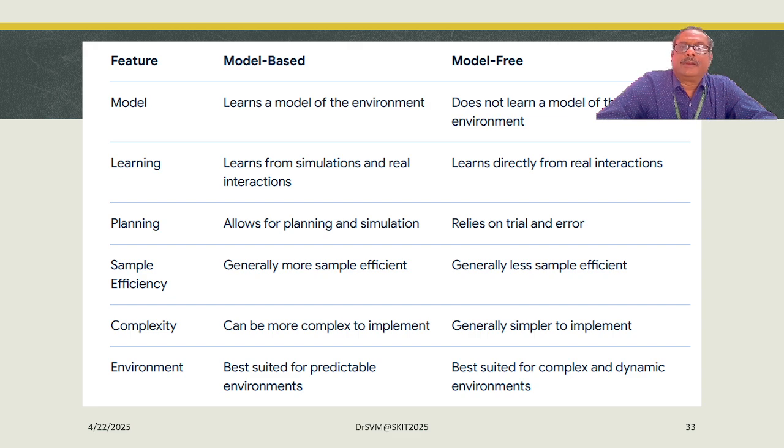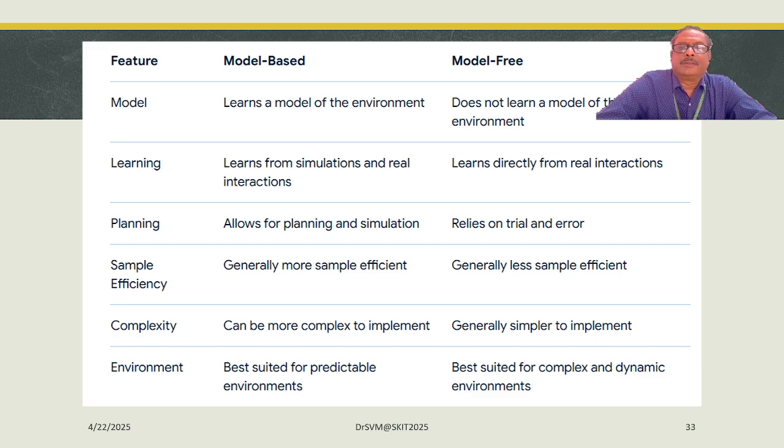So we can make a better plan in case of model-based, but in model-free, it's purely trial and error. We can't make a proper plan in advance that the next action will definitely get some reward or punishment.